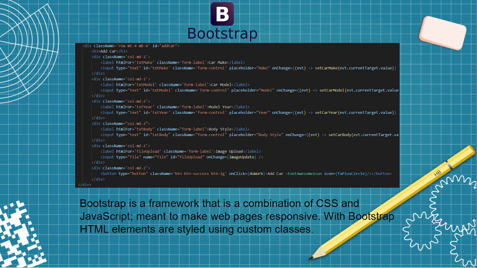Bootstrap is a framework that's a combination of CSS and JavaScript, and it's meant to make your web pages more responsive. And you can import Bootstrap into your React application as well.